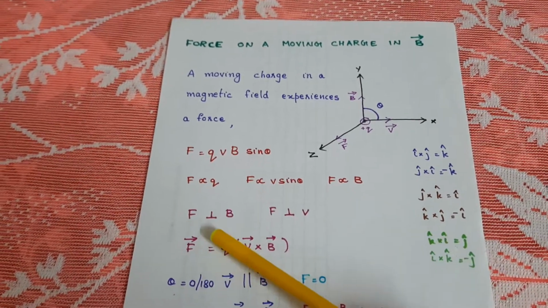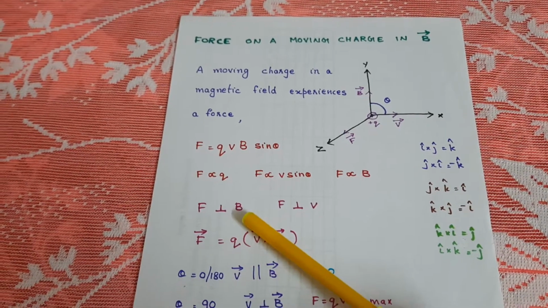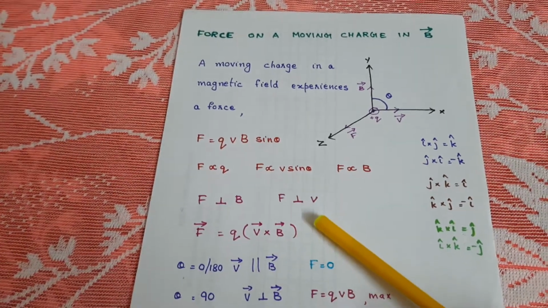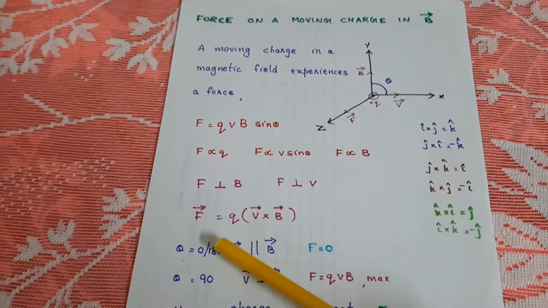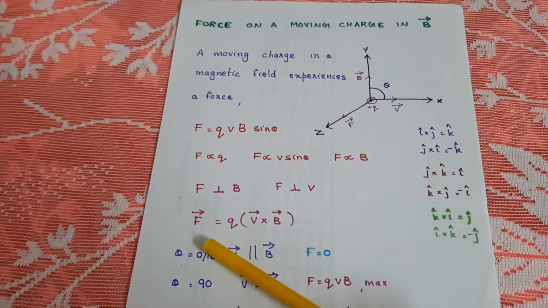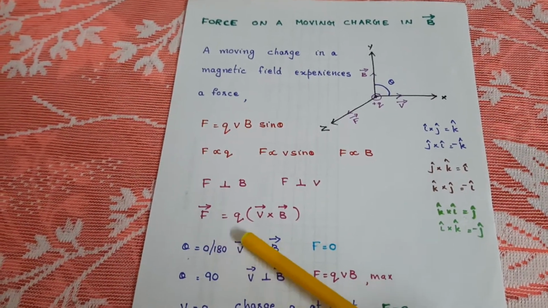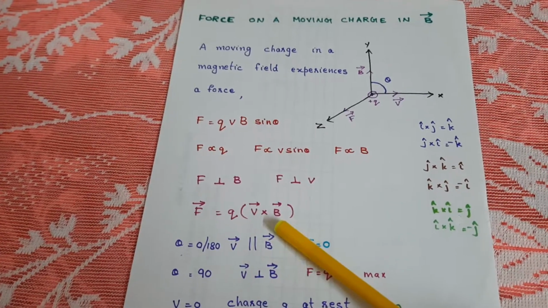And the force is perpendicular to both magnetic field and velocity. In vector form, we can write it as vector F is equal to q into v cross B.